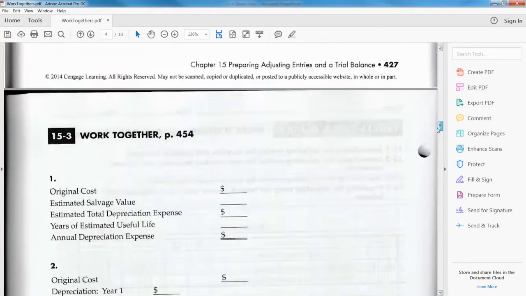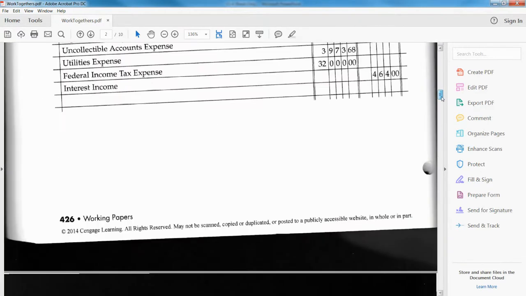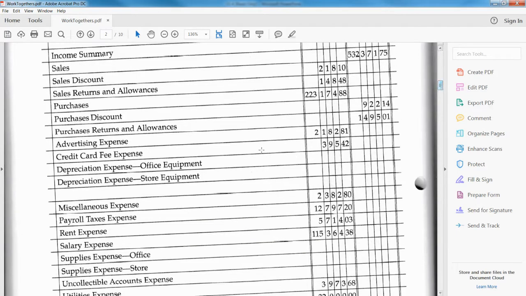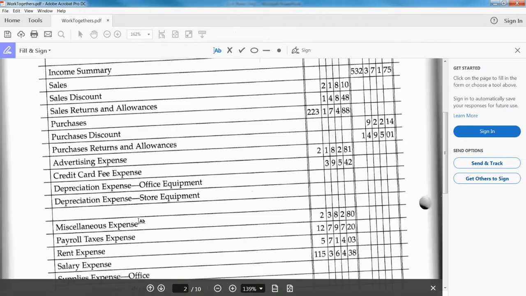So now we go back, and I'm actually on page 426 now. And my page is a little crooked, sorry about that. So I write in insurance expense, and I don't have a balance at all, so I can leave that blank.